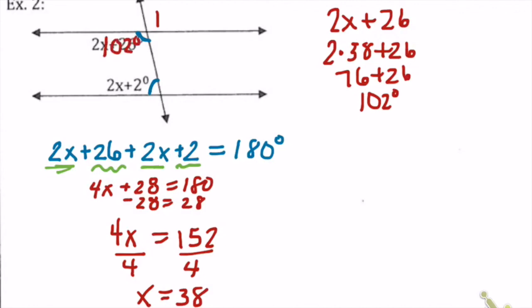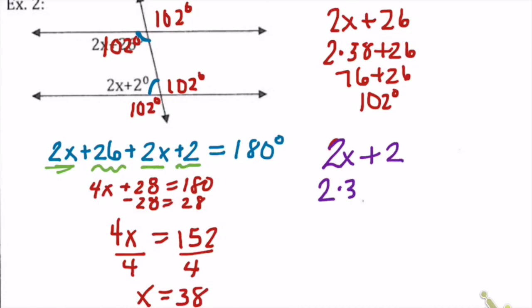Now, again, just realizing the angle pairs, there's a lot you can fill in once you have that. And then you have the other expression, where we would plug in our x.